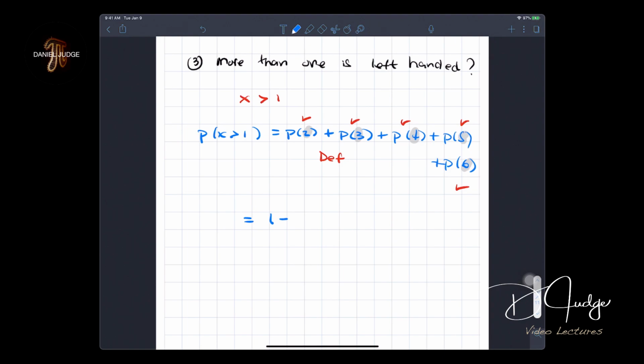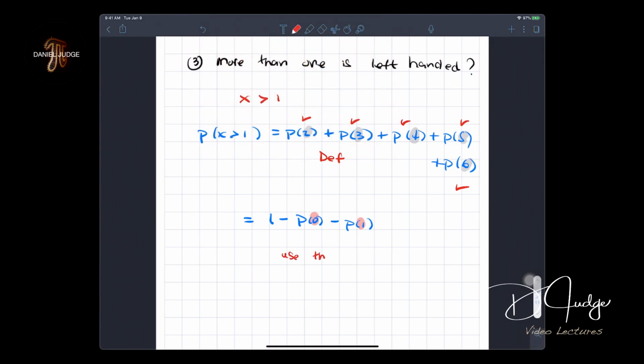P of 0 is not there, and P of 1 is not there. So we're going to say 1 minus the probability of the complement of these.